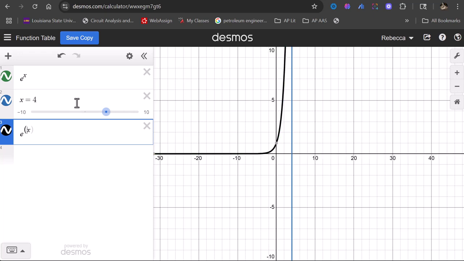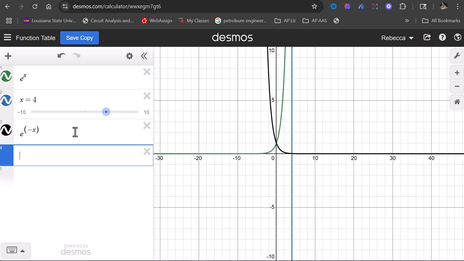So I need to have e raised to the negative, and then in parentheses x minus 4. So to shift the reflected graph, I subtract to shift it to the right, the way I normally do, but I have to have that inside the parentheses with the negative on the outside.